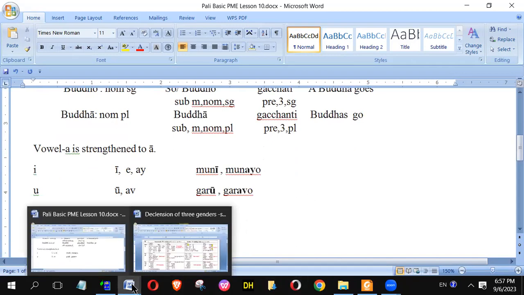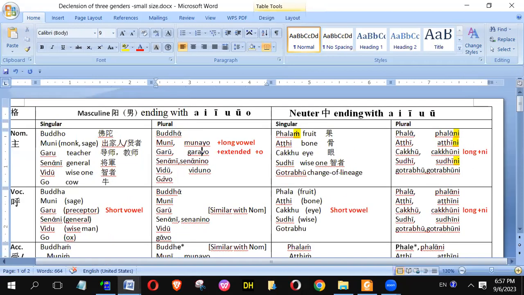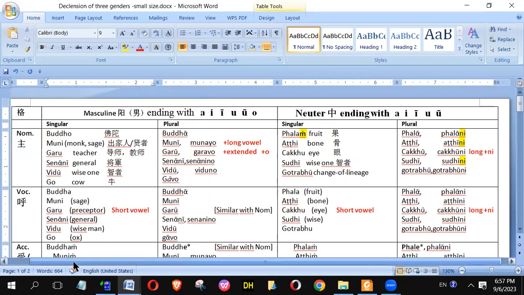So, okay, let's go back to my table. I hope one day you can write this table by yourself. To write this table for masculine, you need to learn all the possible forms, like just now, with these endings: vowel a, i, u, o. You say Buddha, normally singular.